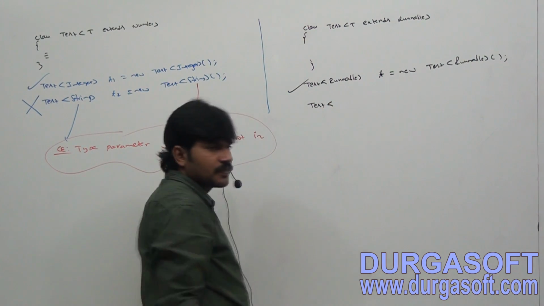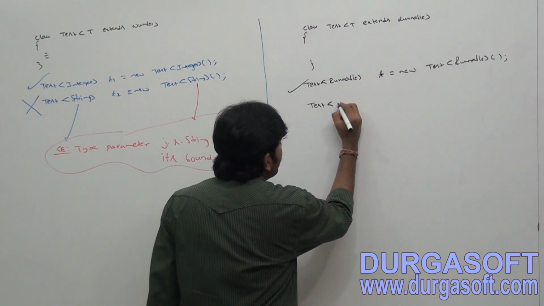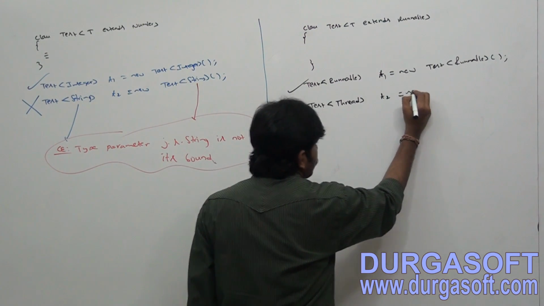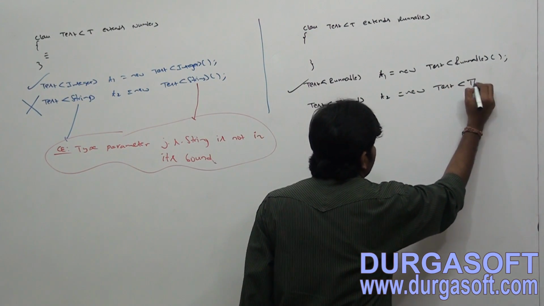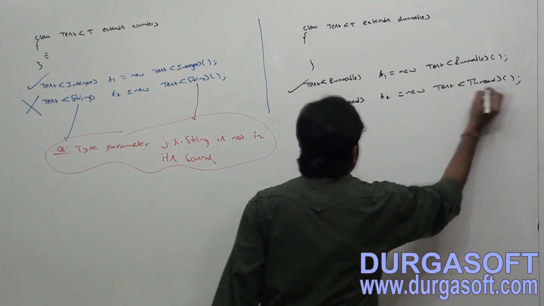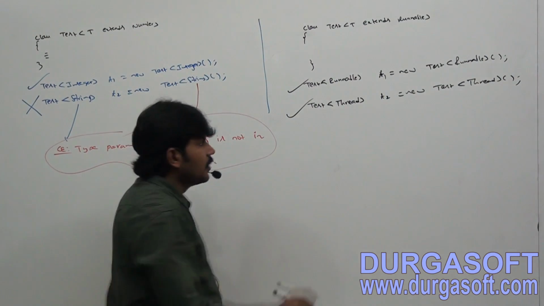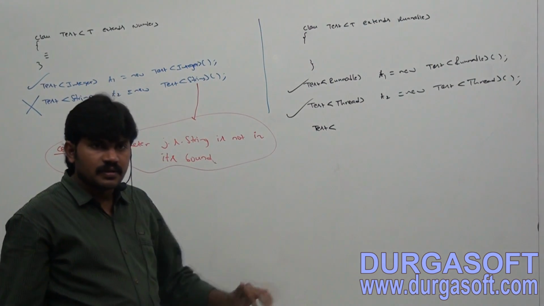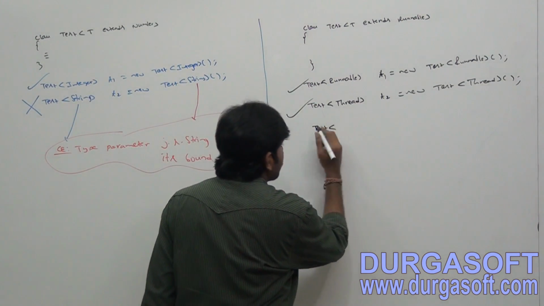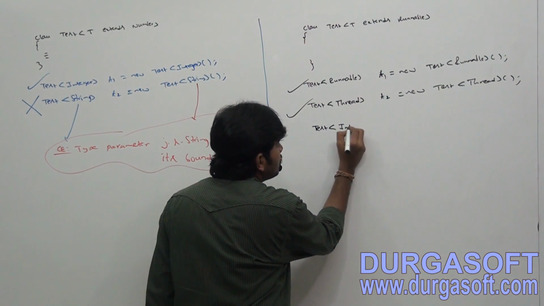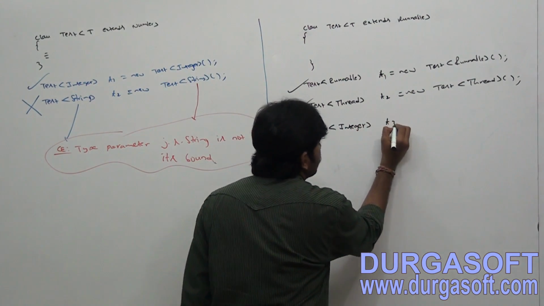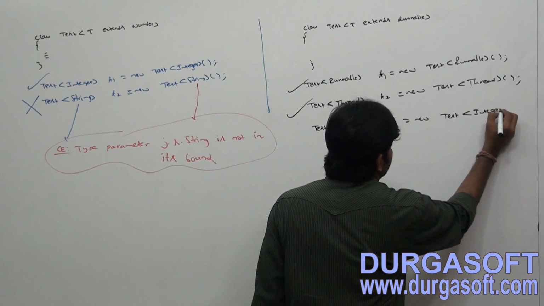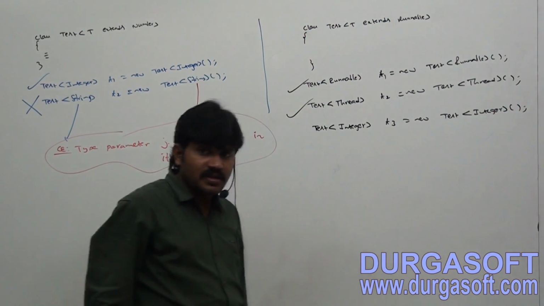Next, Test<Thread> t2 = new Test<Thread>(); valid or not? Valid, no problem, it is also acceptable. Next, Test<Integer> t3 = new Test<Integer>(); valid or invalid?